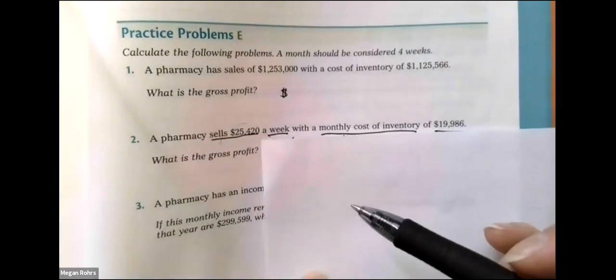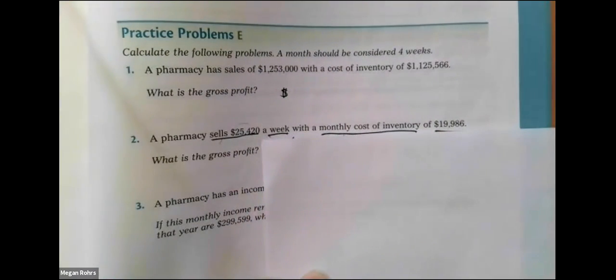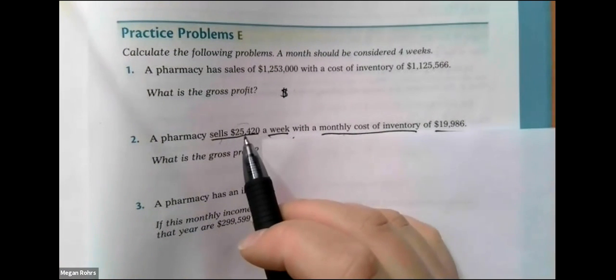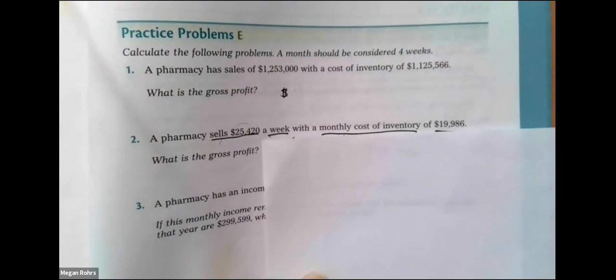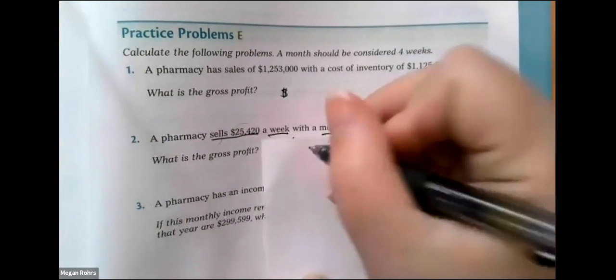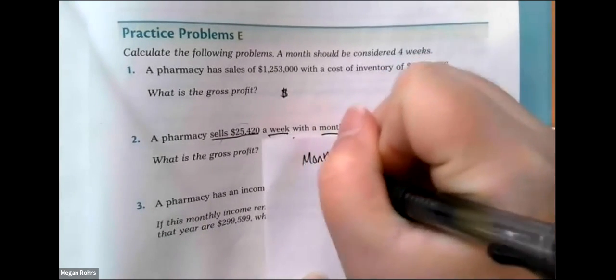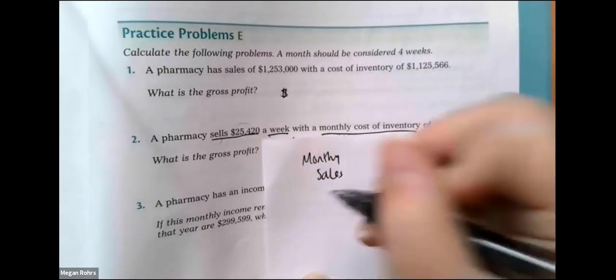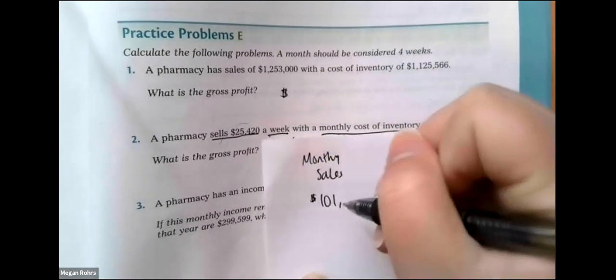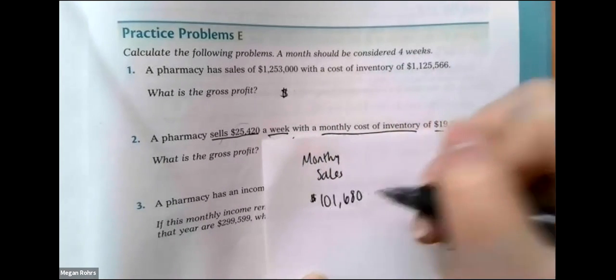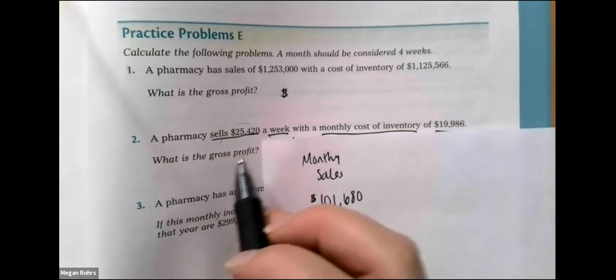And it says that here in our directions. I know not every month is exactly 4 weeks, but that's what we go with when we're doing these business calculations here. So let's take 25,420 times 4. That's going to give us our monthly sales. And I'm left with 101,680. Now we're calculating gross profit.